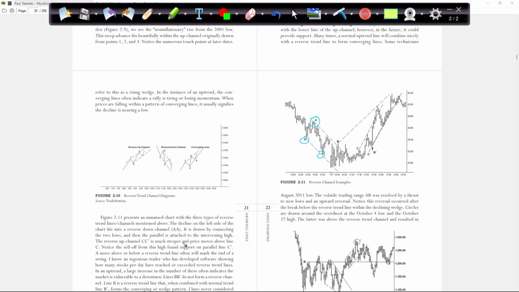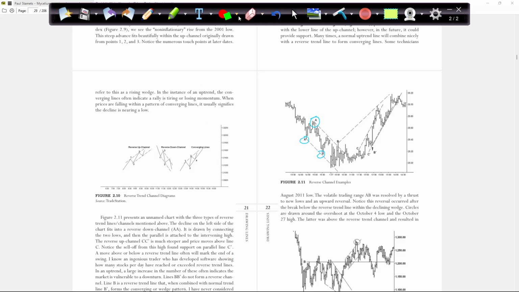The reverse up channel CC dash is much steeper and price moves above line C. Notice the sell off from this high found support on parallel line C dash.